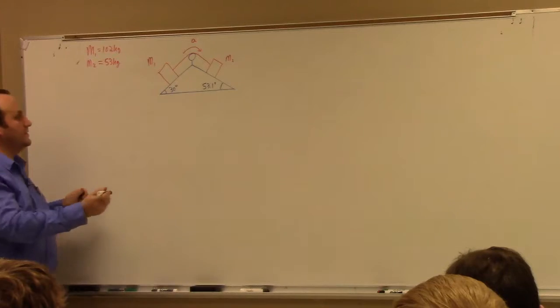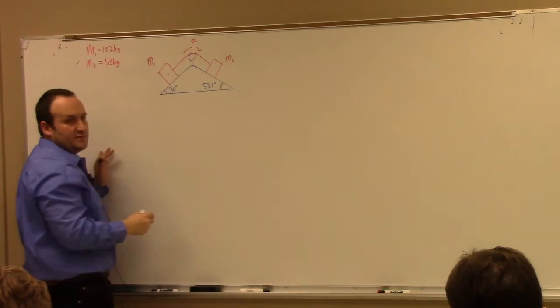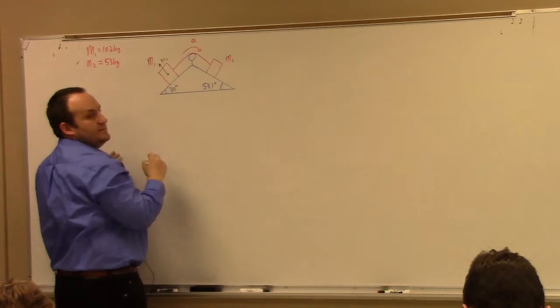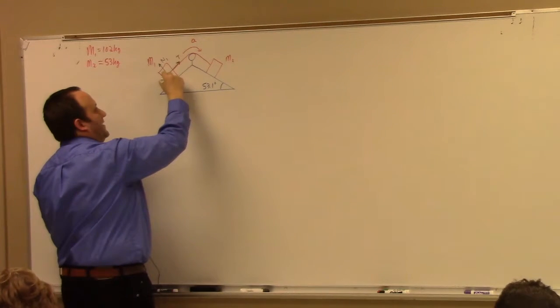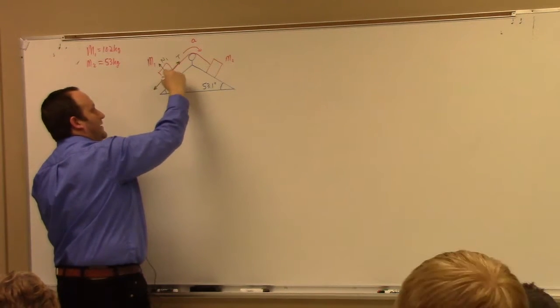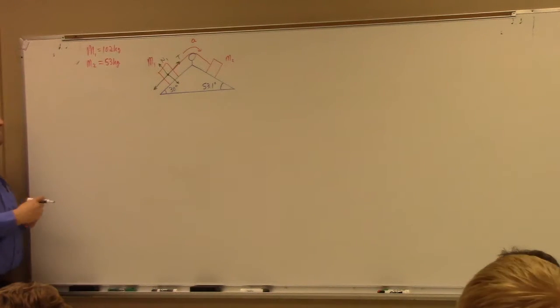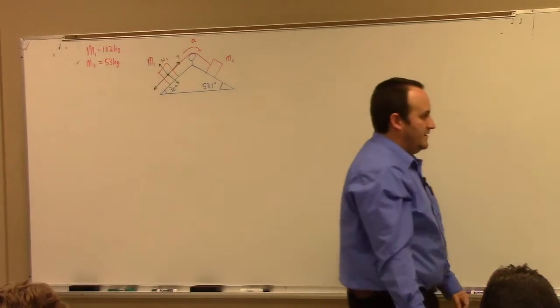What you do is you draw the free body diagram on each one of these. So this one, we're going to have, let's say N1 like that. I'm going to have the tension going up like this. Part of gravity goes down like that. The other part of gravity goes like this. It's just convenient for me to decompose the gravity in the free body diagram.